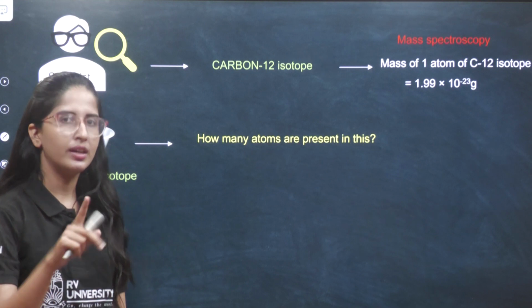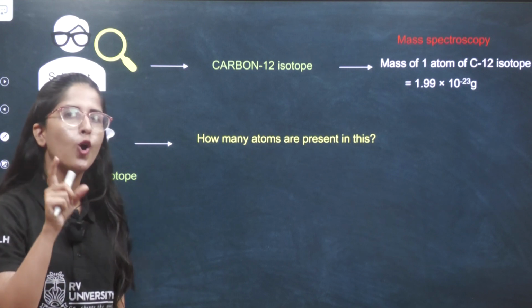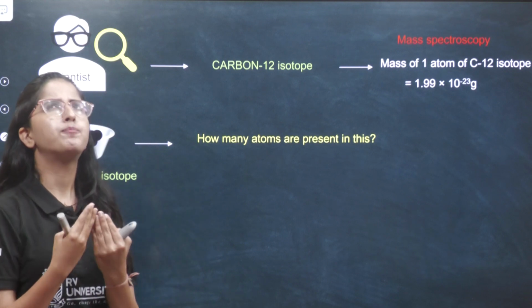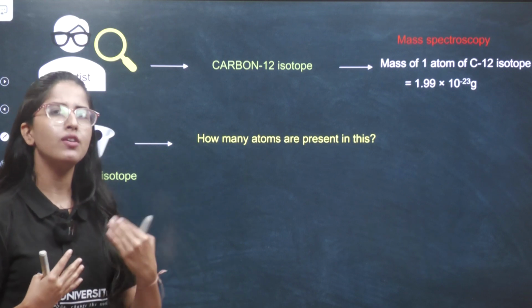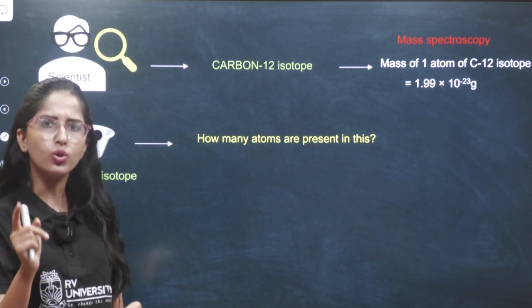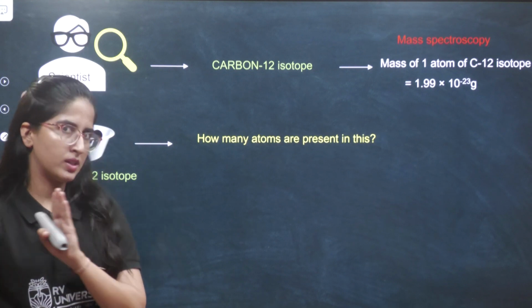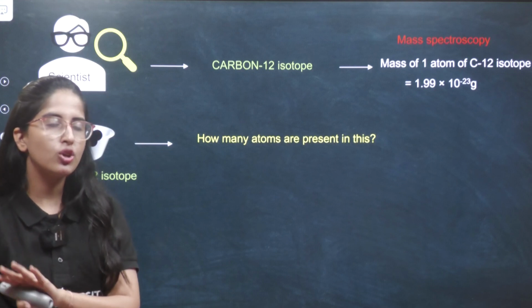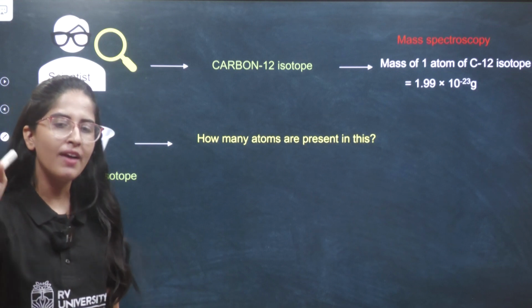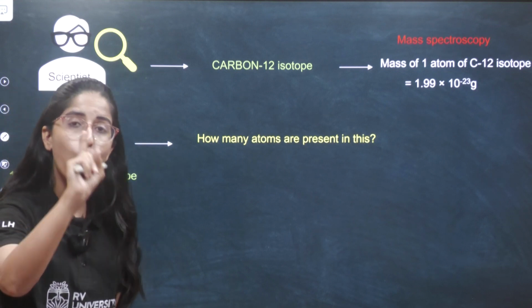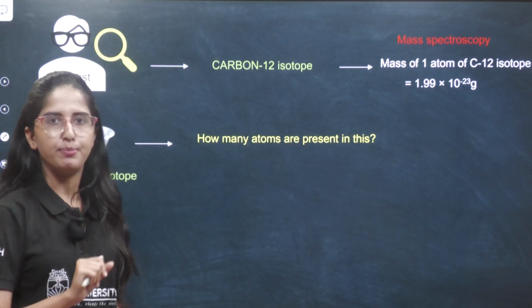If I tell you one apple is 2 gram, and 5 apples together will be how many grams? 5 into 2 gives 10. That is the final mass. Now from that, 10 divided by 5 gives you 2 gram, which is the mass of one apple.